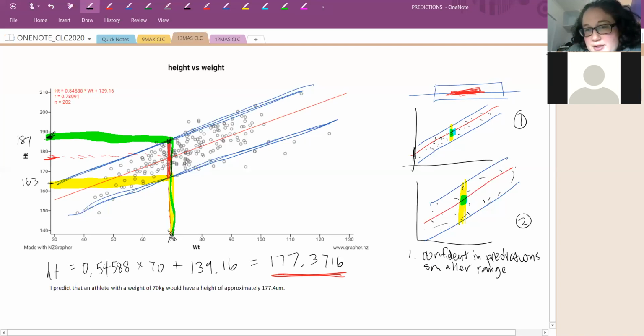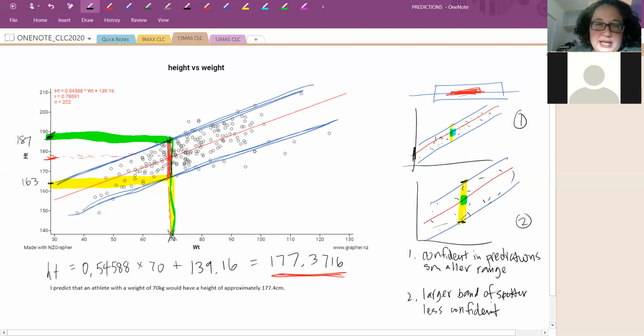And in number 2, I've got a much larger band of scatter, which means that I'm far less confident in my prediction. Okay, hopefully that makes sense.